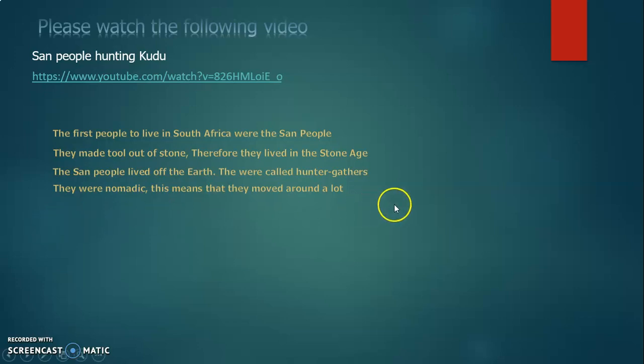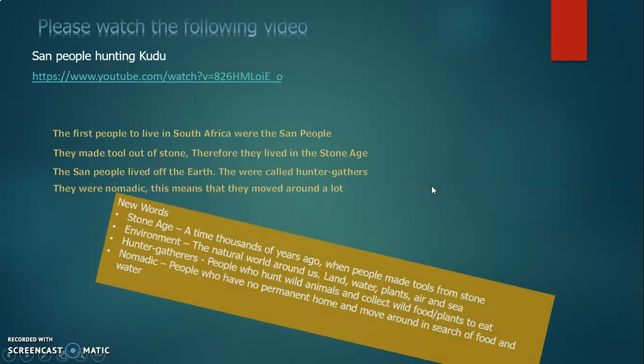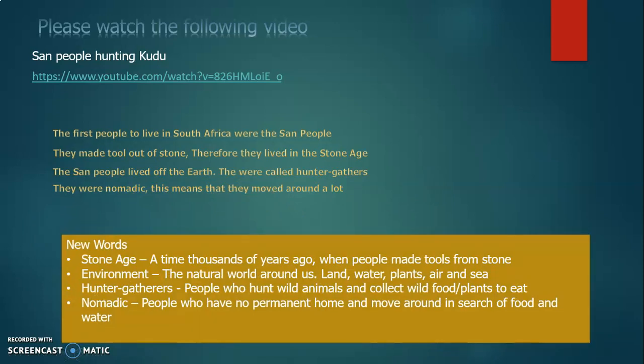Okay, let's go on to our next thing. I hope this becomes clearer. Okay, the new words, if you look in your textbook, you'll see the new words on Stone Age. And in the textbook, I think it's page 89, that we start on the Sand people and the hunter-gatherers. Let me just check while I'm with you.